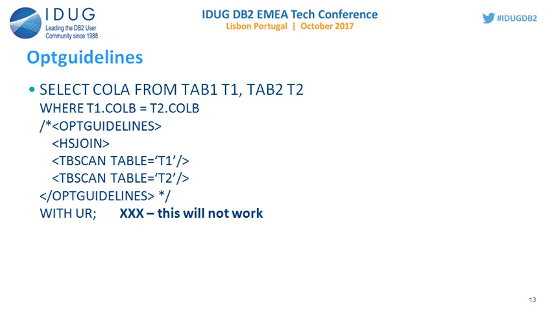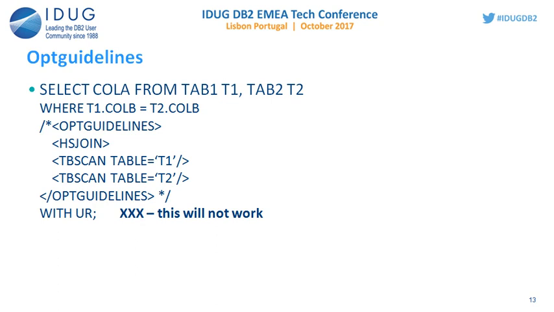If I put in this query with UR at the end, what diagnostic do you think you'll get? Any guesses? The answer is you won't get any error message. Why? Because it's a comment. You don't get error messages for comments.